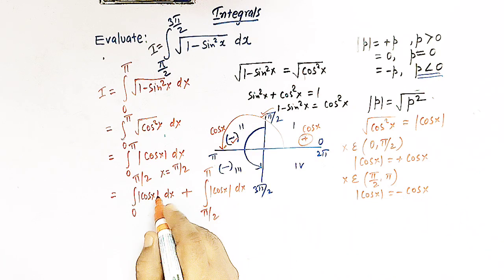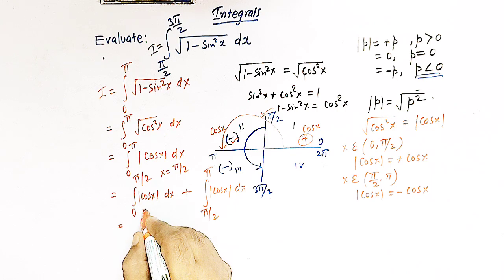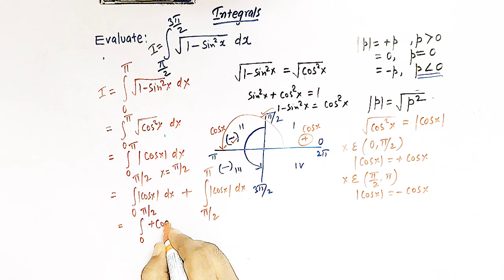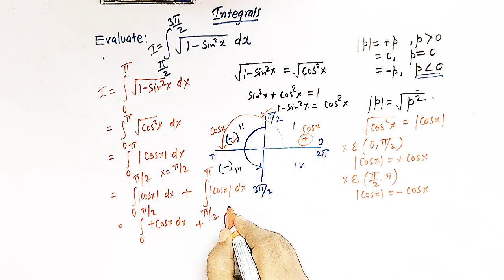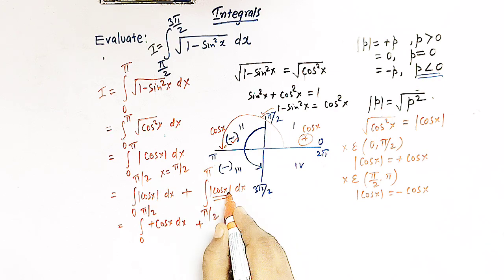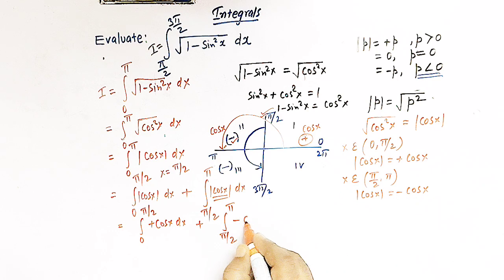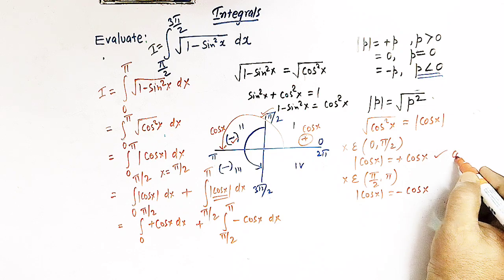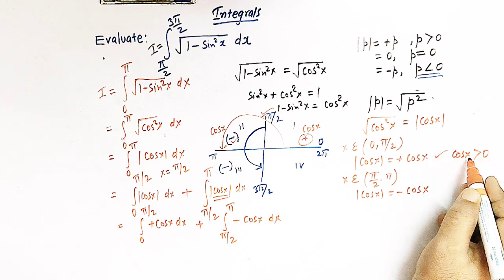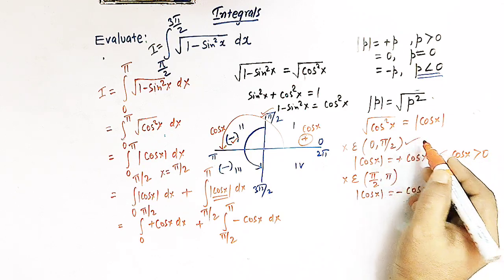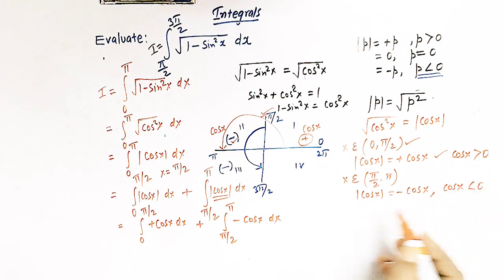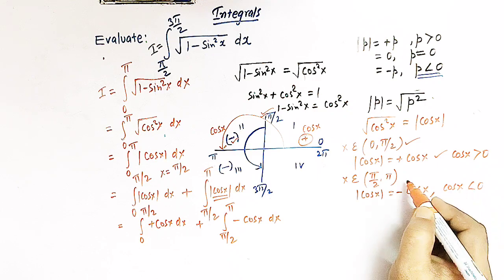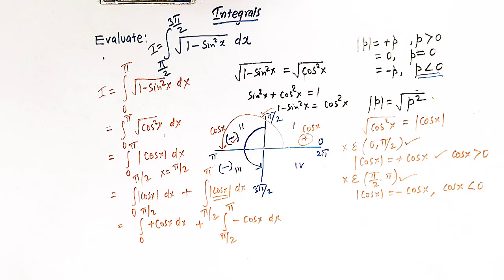So here we can now write the integral from 0 to pi by 2 of positive cos x dx, and the integral from pi by 2 to pi, where mod of cos x is negative of cos x dx, right? Because in this case cosine x is greater than 0 for all x belonging to this interval, and in this case cos x is less than 0 for all x belonging to this interval.